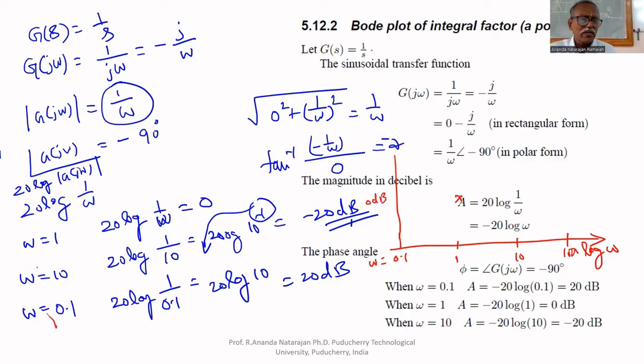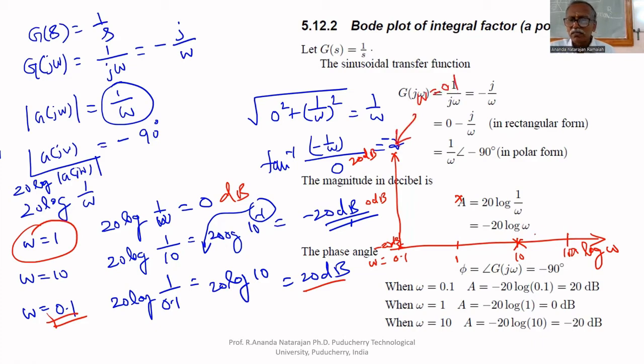When omega equals 10, minus 20 dB, here. When omega equals 0.1, it is 20 dB. This is omega equals 0.1, this point is omega equals 10, this point is omega equals 1.